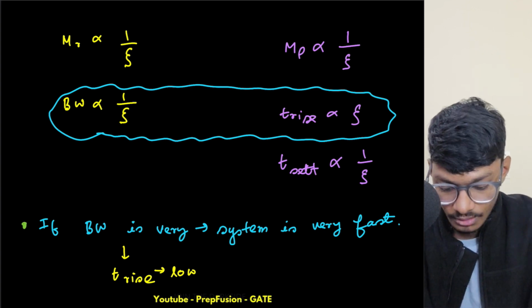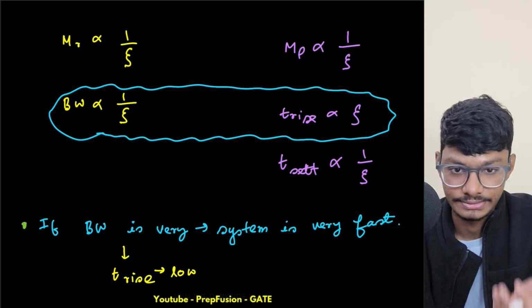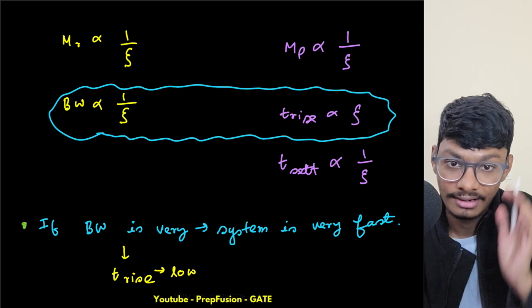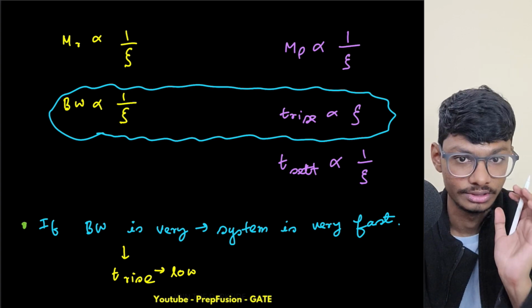Now why are we studying all these things? We want to make our system faster and more stable. How do we do that?